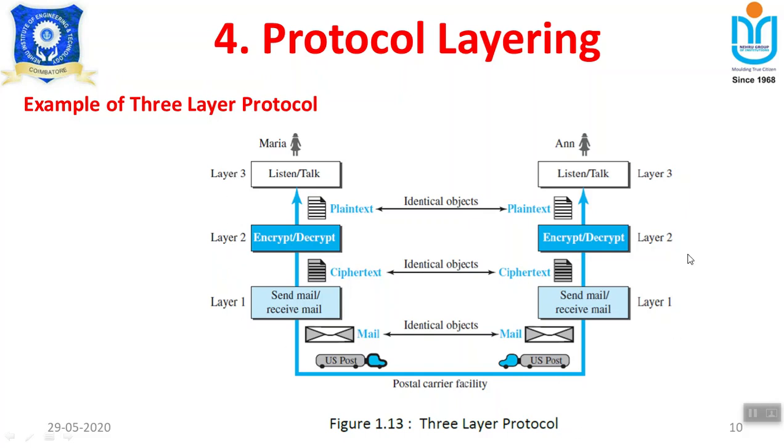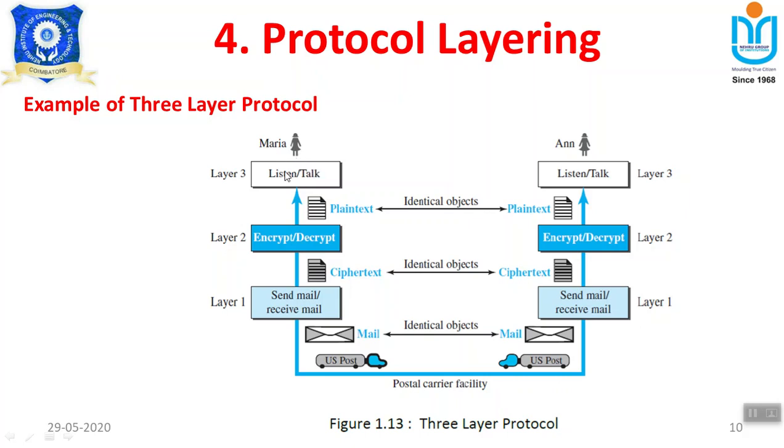In this example, let us assume that Maria wants to communicate some mail to Anne, right? What she will be doing, there are 2 modes. One is listen mode and another one is talk mode. Whenever Maria wants to send some information, she should be in talk mode.